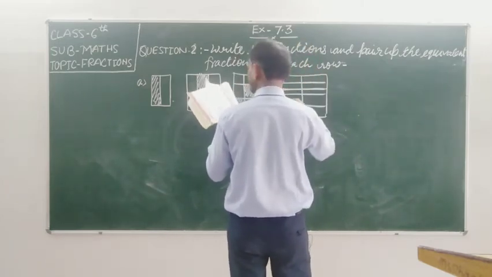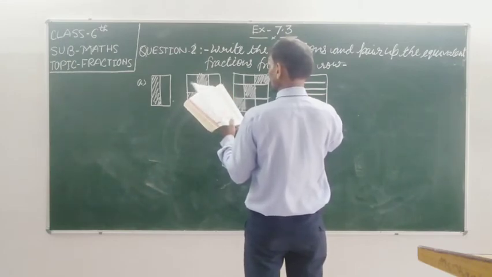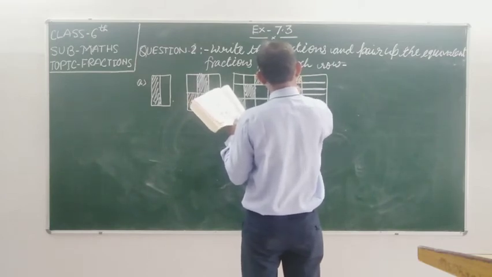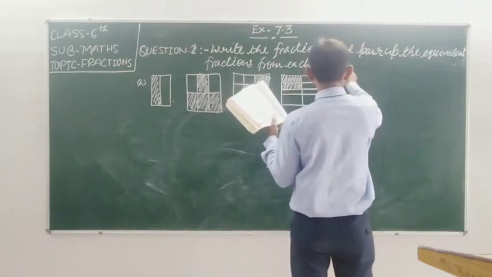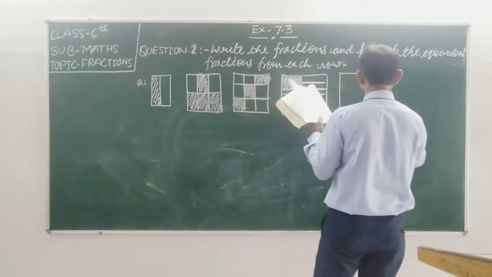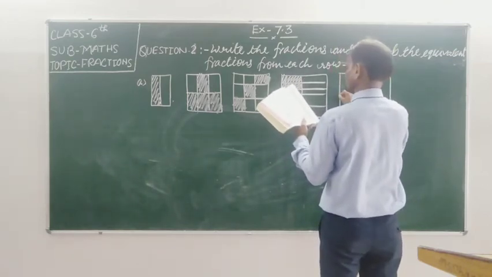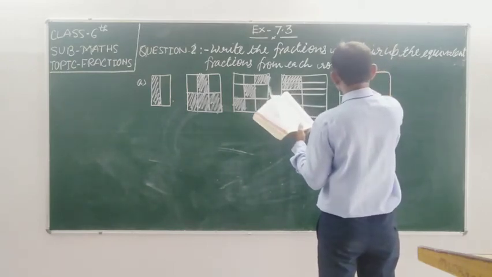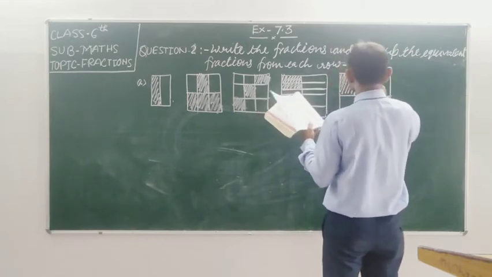Suppose that all parts are equal here and 2 parts are shaded like this, student, and in last rectangle there are 4 equal parts, and out of 4 equal parts 3 parts are shaded like this.